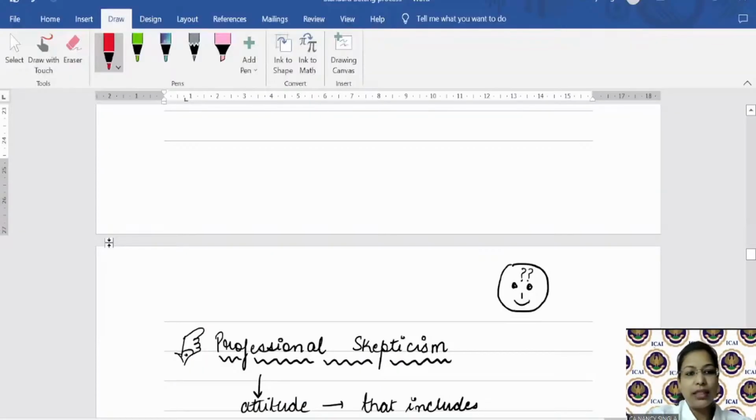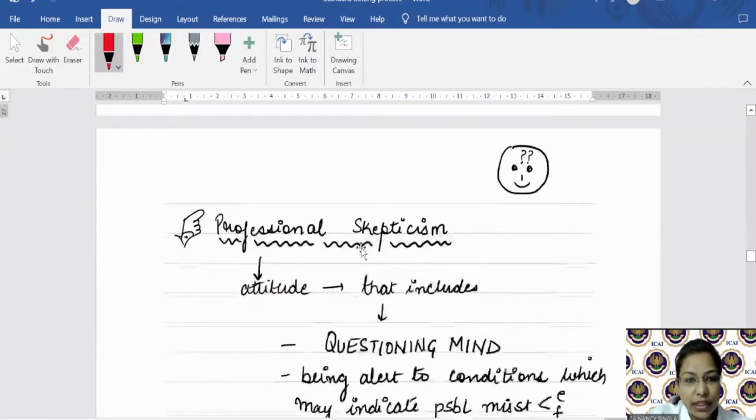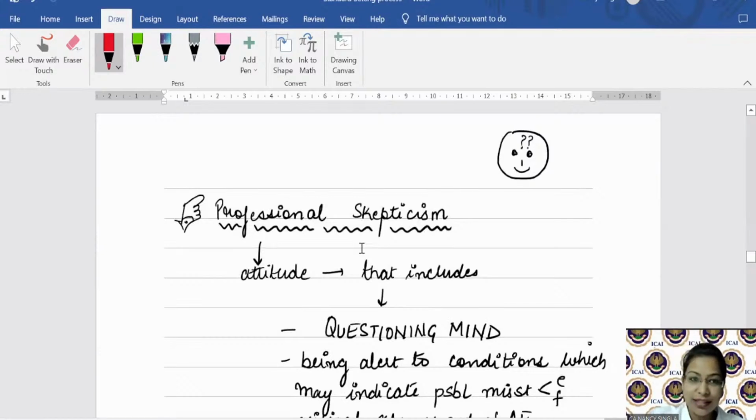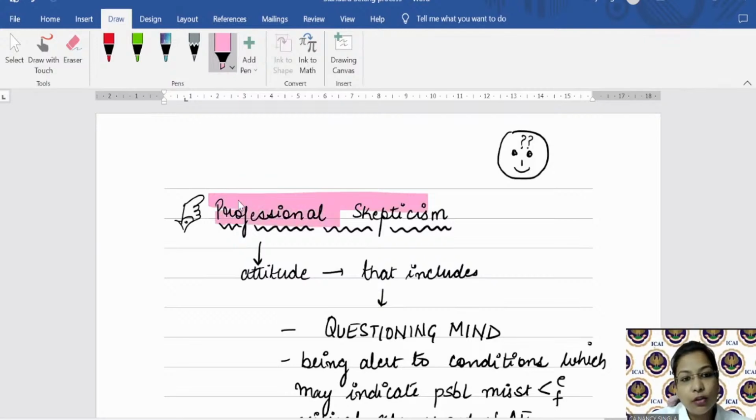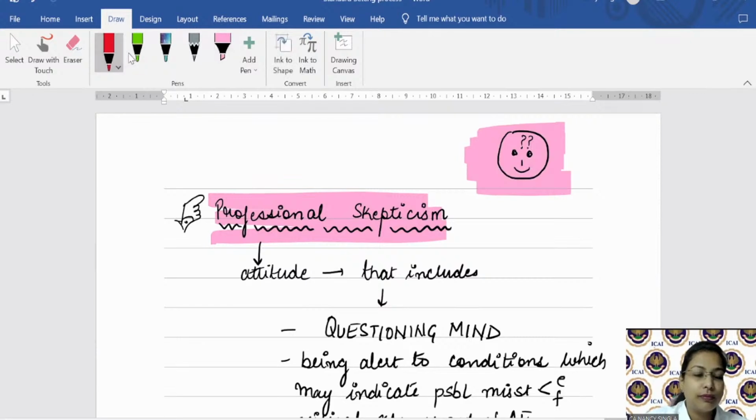So the next topic that we are going to discuss is what? Questioning mind, right. And see how I have drawn it for you. Professional skepticism, right. So basically, questioning mind. The auditor should exercise professional skepticism when he is performing and planning the audit.